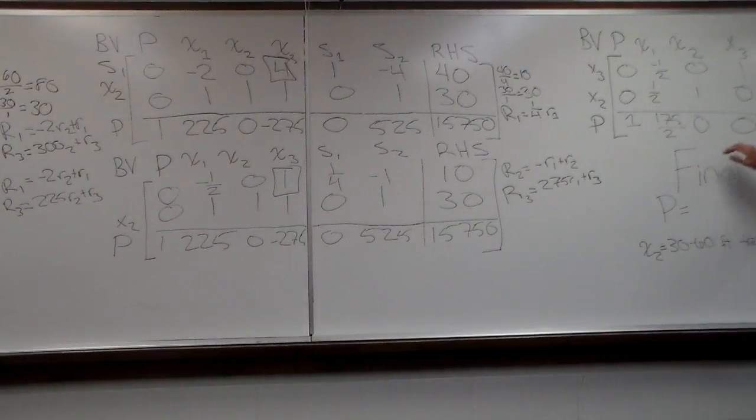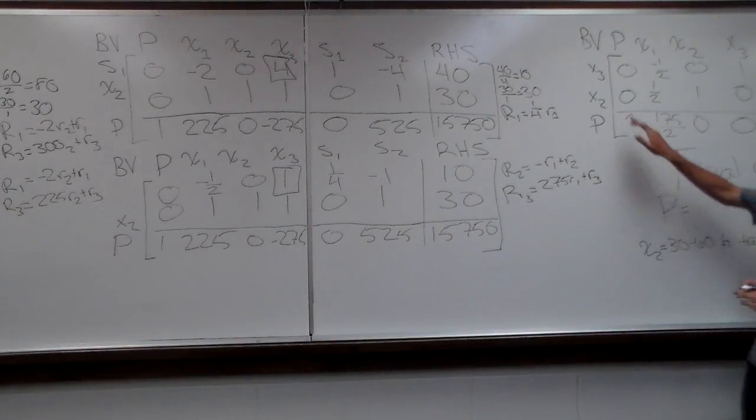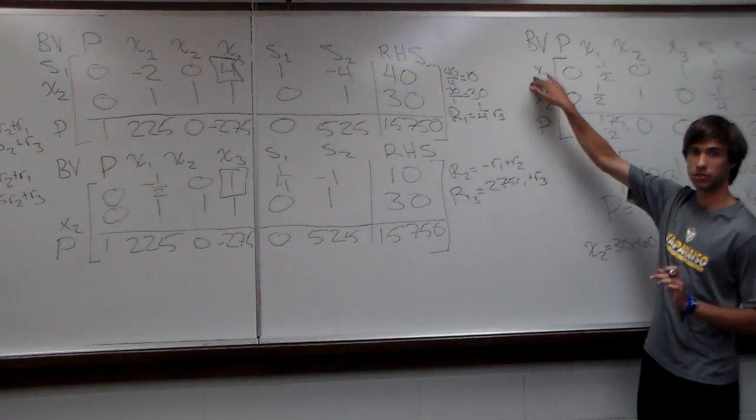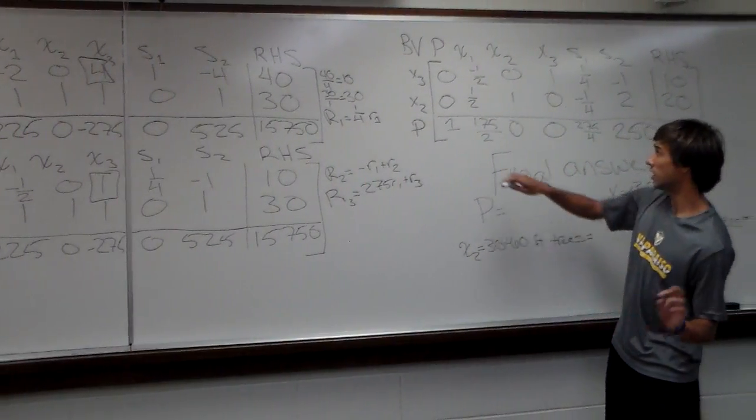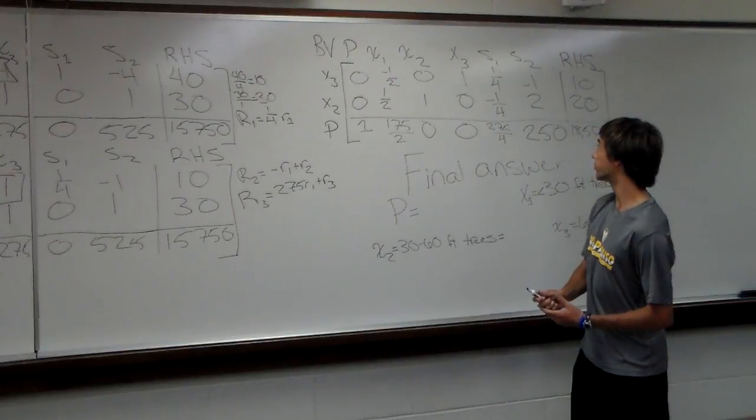In doing that, we immediately see that we have zeros under x3 in both of those positions, and that's going to give us our new basic variable in row 1, which is going to be x3. And the rest of our operations again follow from there.